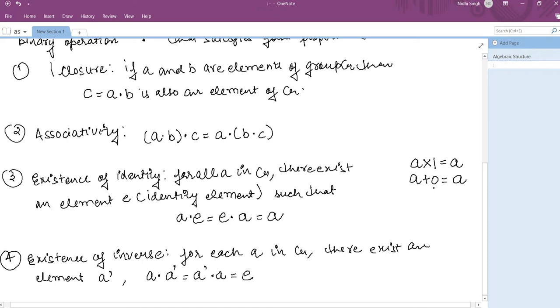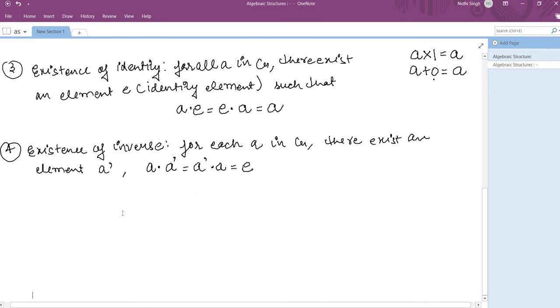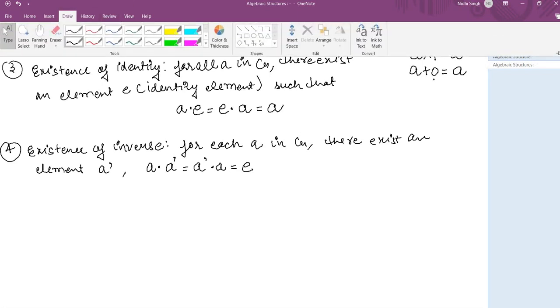Okay. So there are four properties. If the four properties are satisfied, then we can say the given set is a group.